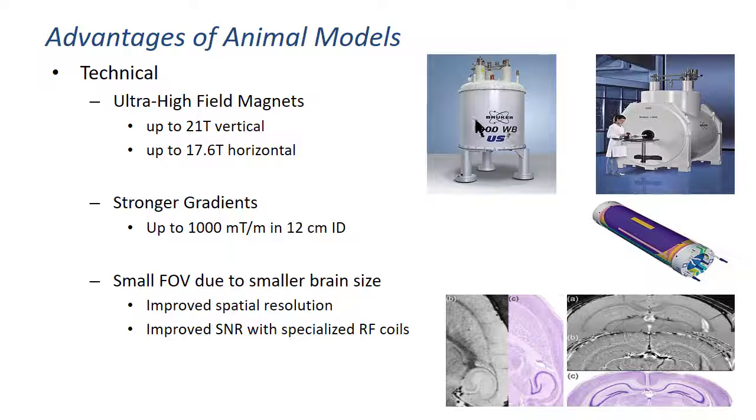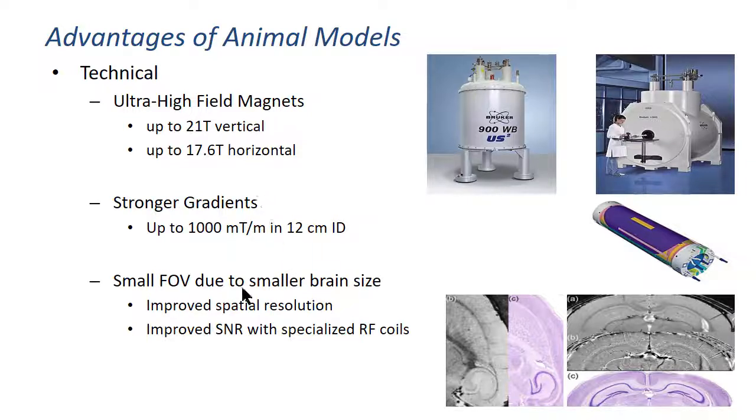And we all know that more B0 means more signal that you can use for better spatial resolution or temporal resolution. Gradient performance is also much better because of the small diameter of these magnets and therefore the small diameter of the gradient, so easier to achieve these high gradient strengths that are very important, for example, for DTI type of acquisitions.